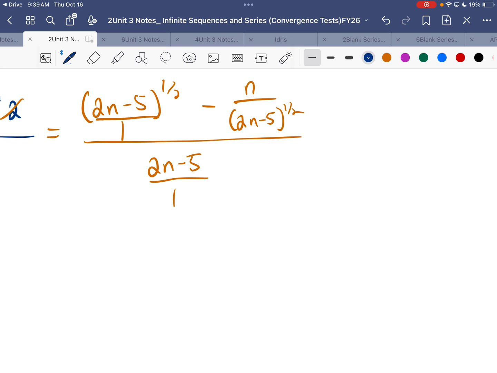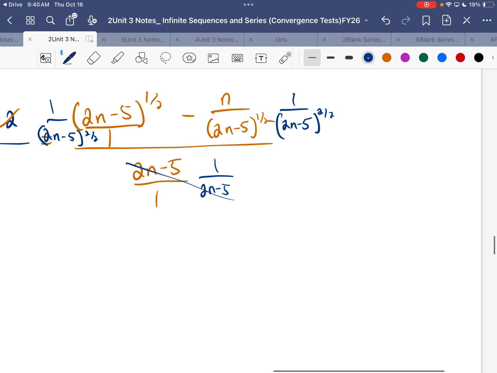All right, multiplying by the reciprocal of the denominator is going to give me a 1 over 2n minus 5 to multiply each term by. To the 1 power, or to the 2 over 2 power. That might make more sense. So what's going to happen in the left term?